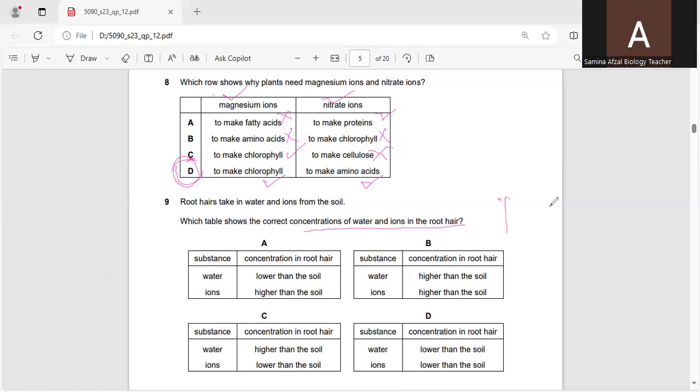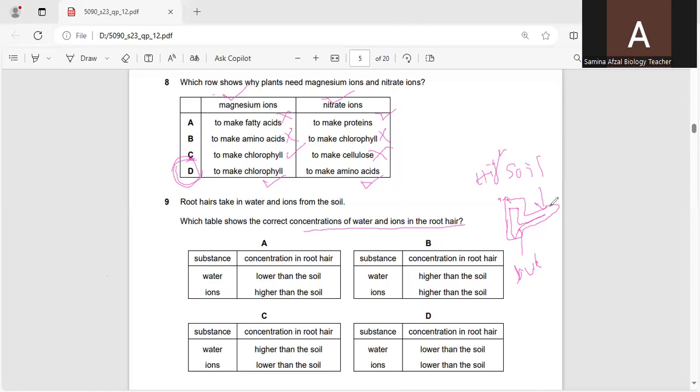In the root hair cell, the water will only move in those cases when there is lower concentration in the soil, high, and lower inside the root. So water will enter in this way, that is by the process of osmosis.